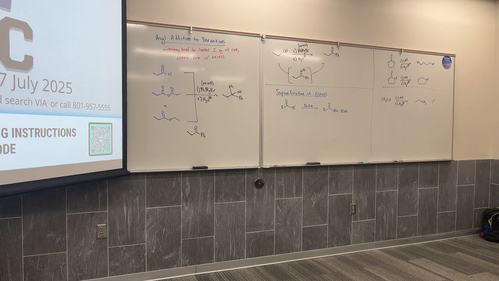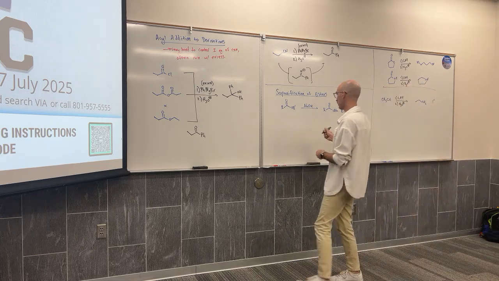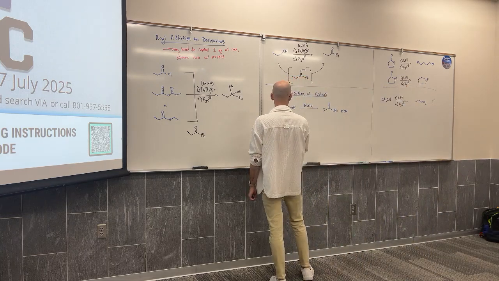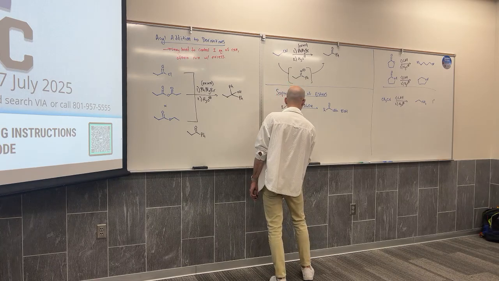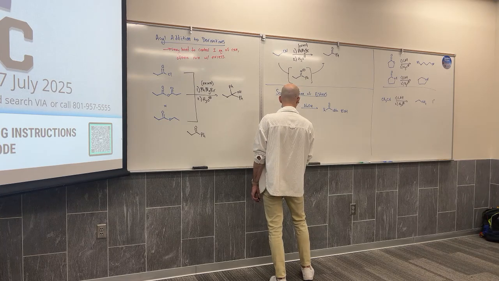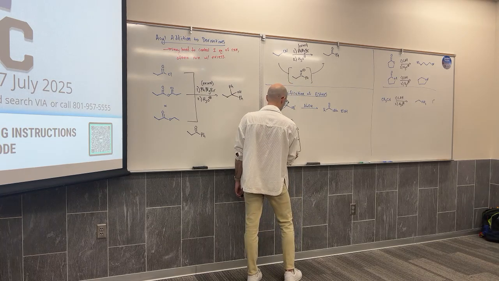Soaps are long carbon chains attached to some sort of carboxylic acid group or a carboxylate group. So if we take something like a triglyceride, a fatty acid, and these triglycerides have long carbon chains.